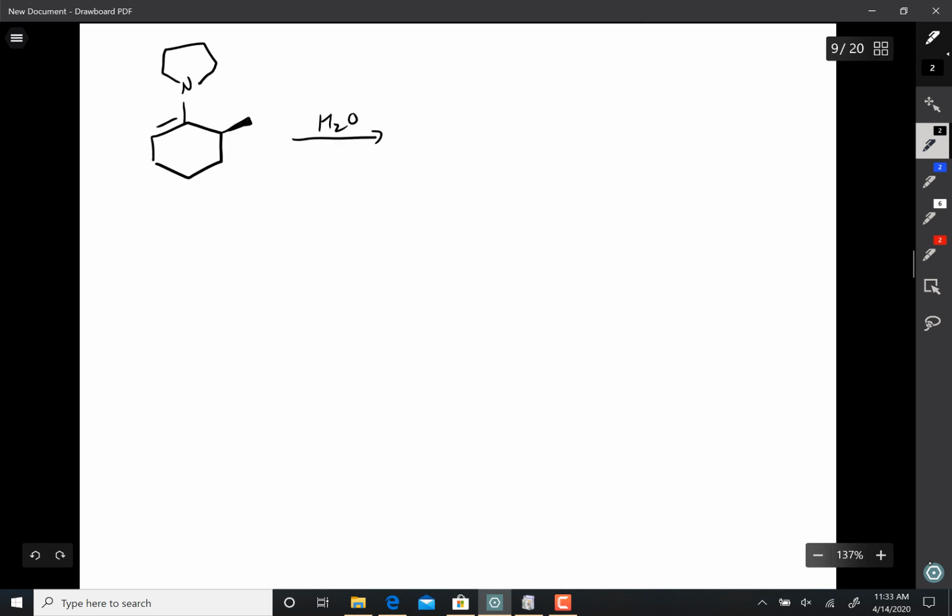Now, real quick, the mechanism for enamine hydrolysis. Well, enamines are slightly basic.